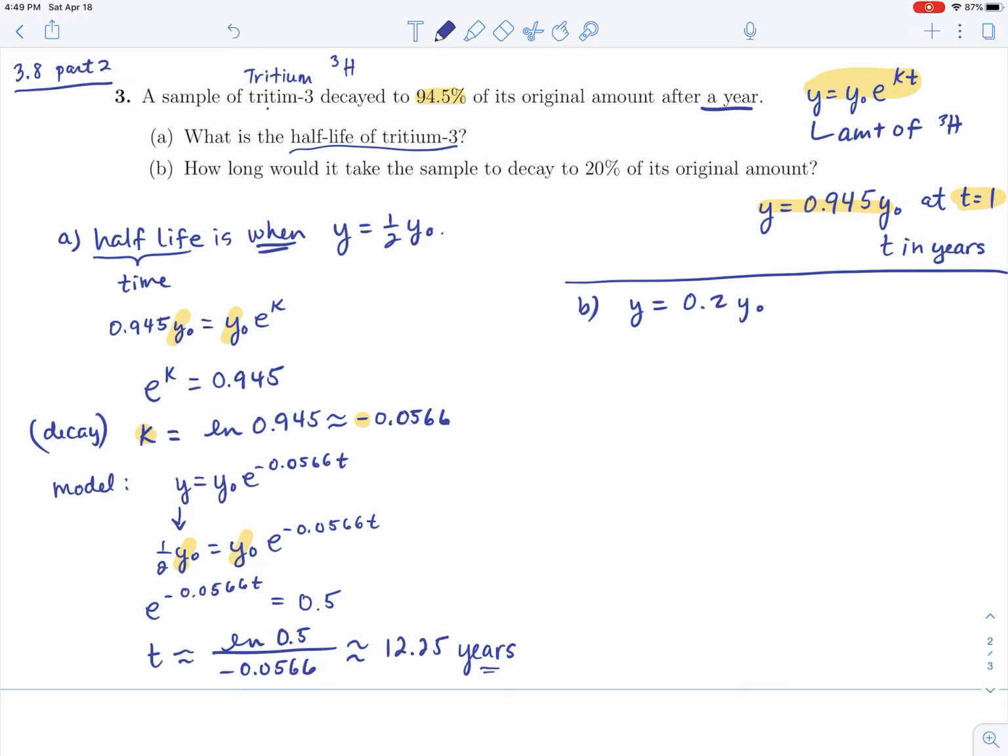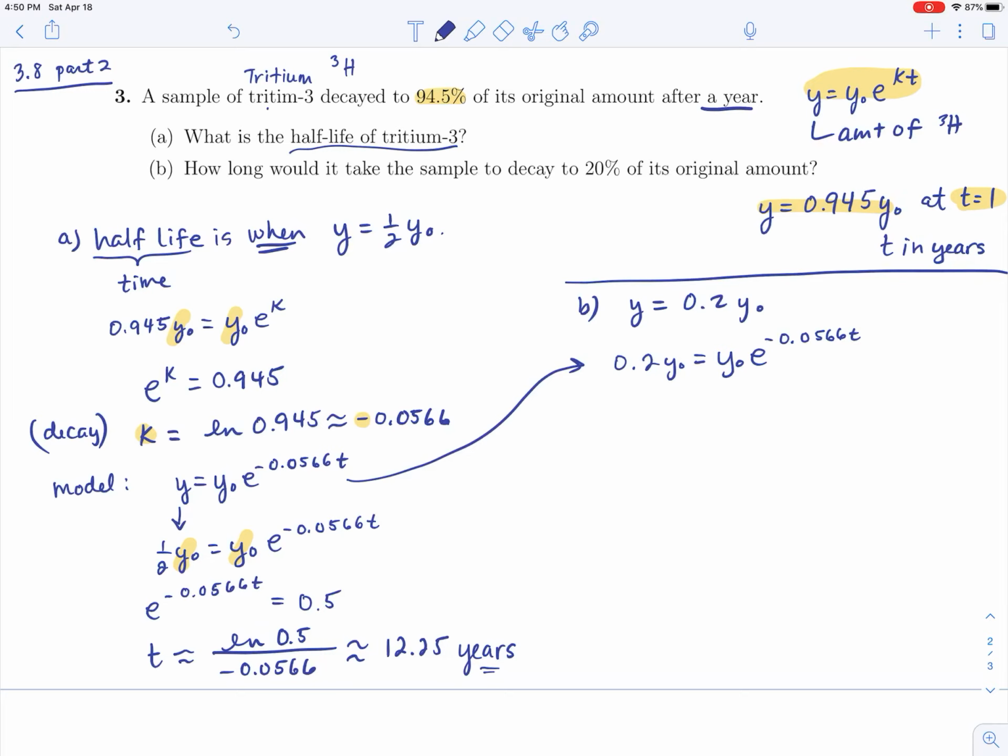And if we plug this into our model here, we have 0.2 y naught equals y naught e to the negative 0.0566t. So then we get rid of the y naughts. Let me see, am I missing something?